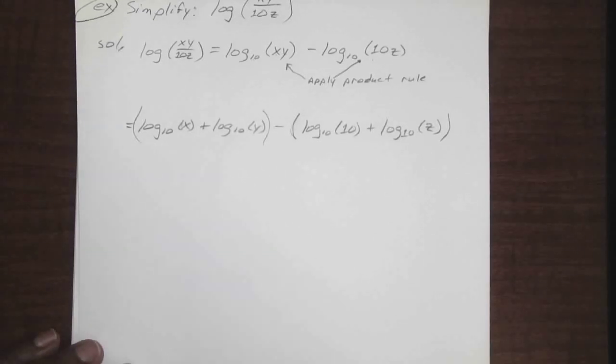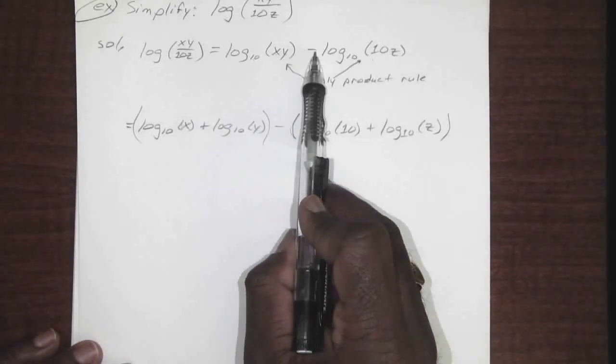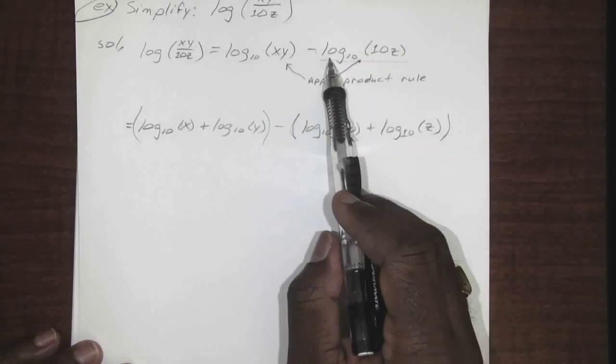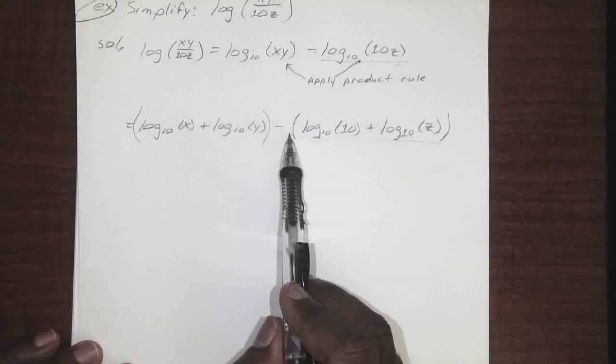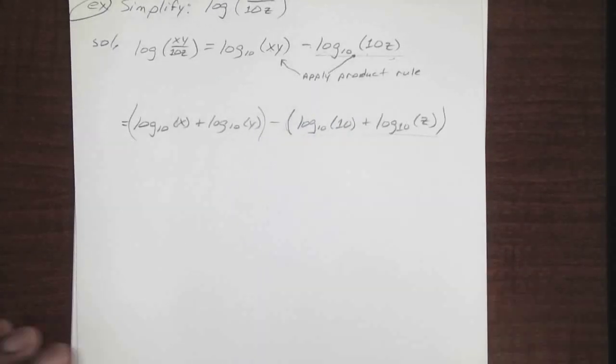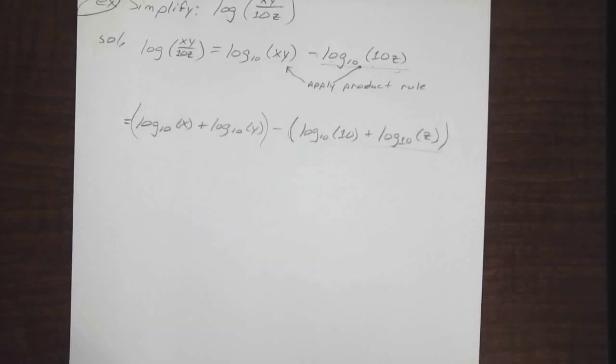Now, the reason I use the parentheses is that, remember, this is minus this term. And all we did was convert this term to this one. If we didn't use the parentheses and apply just the minus here, we're not applying it to the entire thing. So you might want to remember to put the parentheses because it reminds you to distribute that negative.